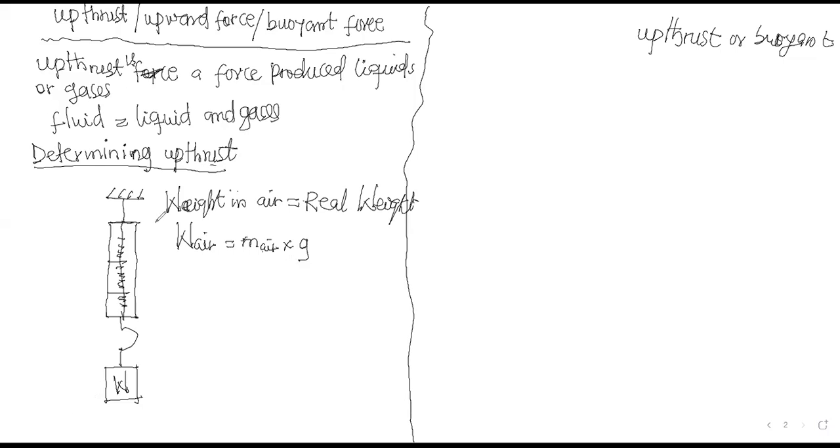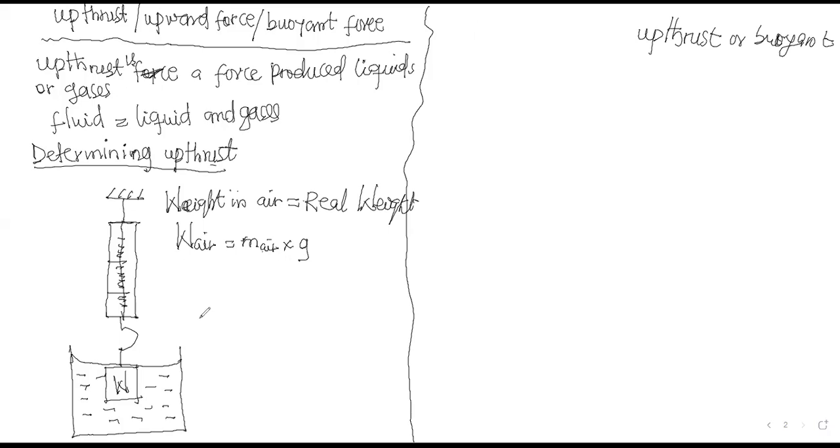Now the same object is weighed when it is partially or fully immersed in water. So we try to weigh the object whilst immersed in water, whether totally or partially. It can be water or any other fluid. Okay.